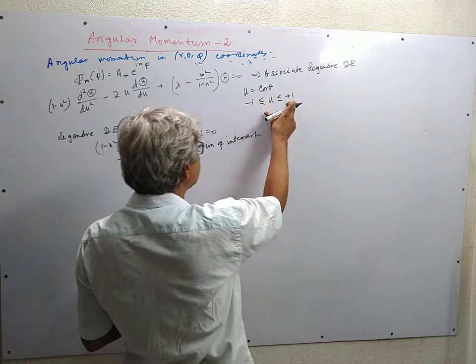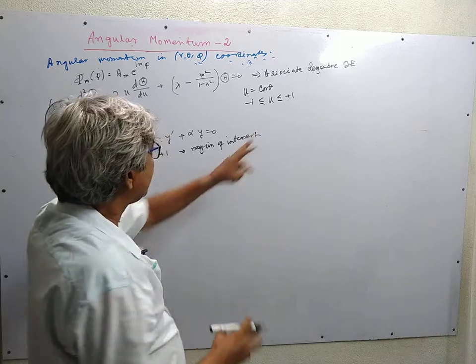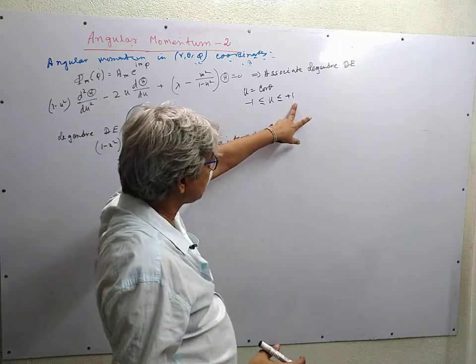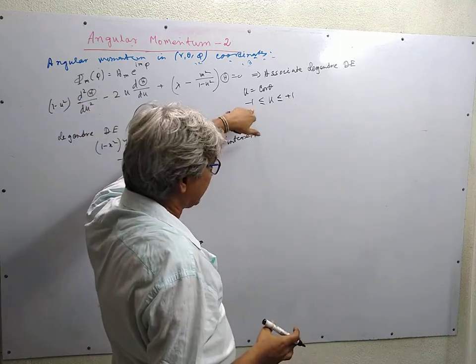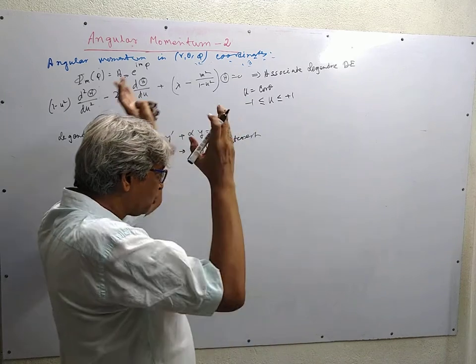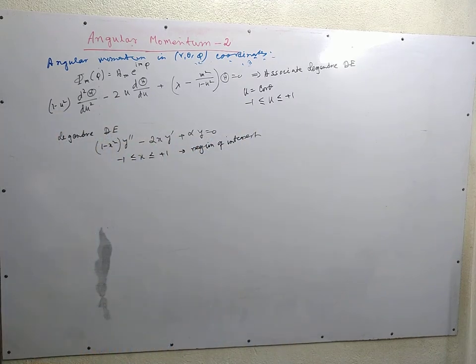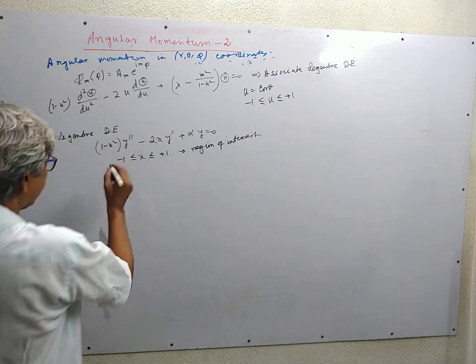So if we want a solution which is well behaved all along the z axis, then we must consider the convergence of the solution. Before going to that, let me recall what we have done here.